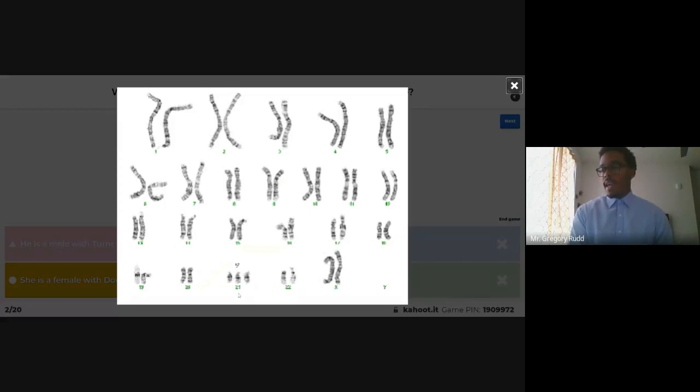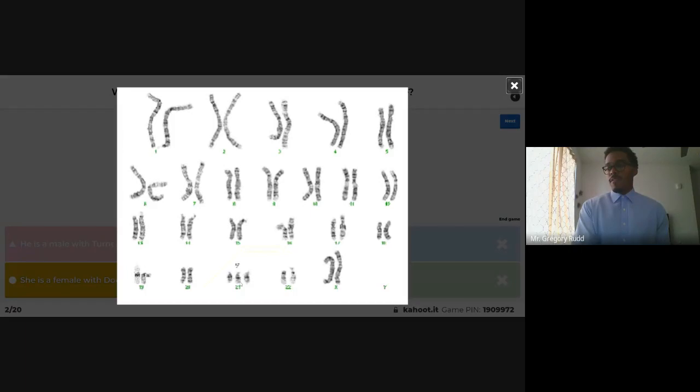Now, the other thing to look at, we didn't talk much about it, and you all don't need to memorize this or know this for the EOC or for your exam on Friday. But you can also look at the karyotype and see if there are any abnormalities. What I mean by that is that every chromosome pair should have two chromosomes, right? So every position should have two chromosomes.